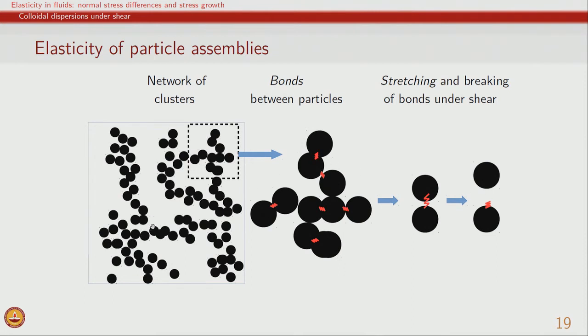So, in general what we expect is when we start shearing this material as a function of time, as soon as we apply the strain rate and the deformation, all these bonds will resist the deformation, and therefore the stress within the material will grow rapidly. And beyond a certain point, when these springs actually break or the bonds between the two particles break, then we have the stress either decreasing or becoming constant.